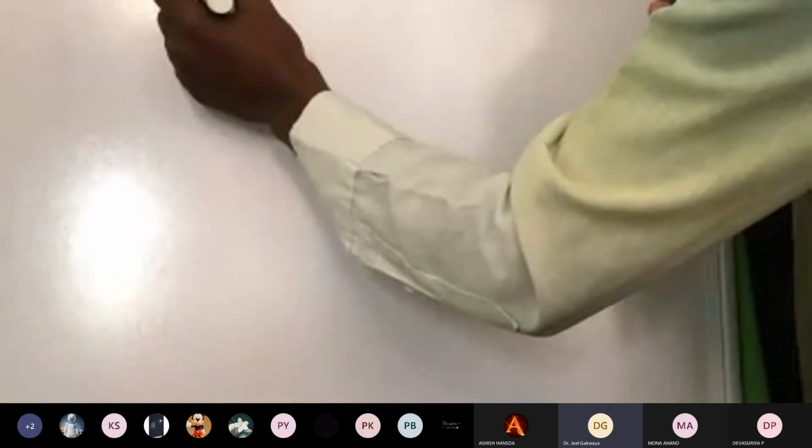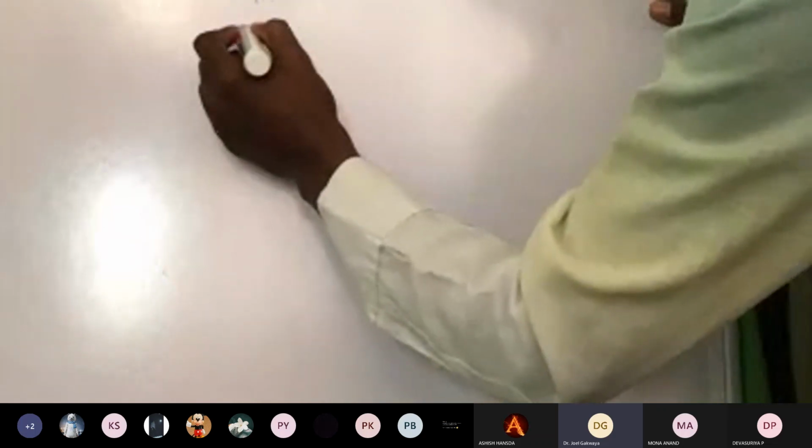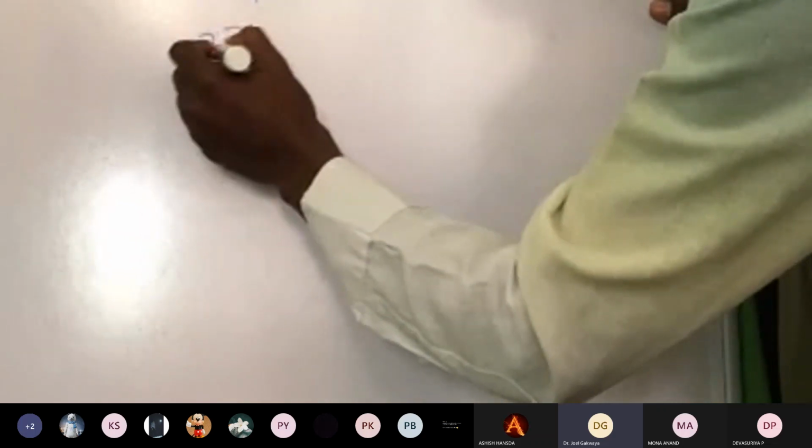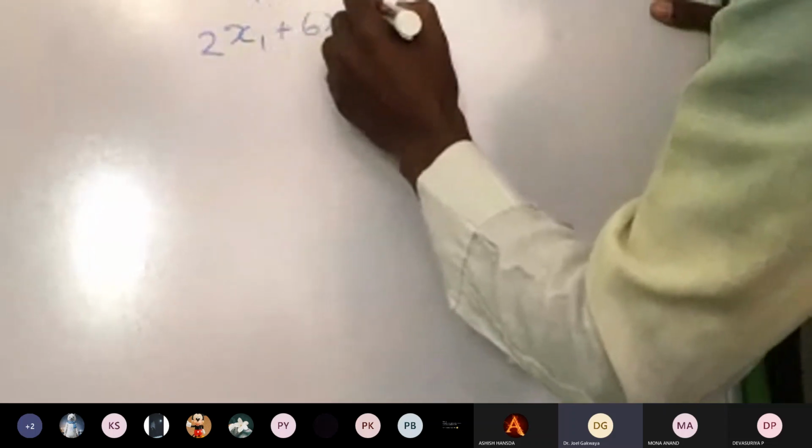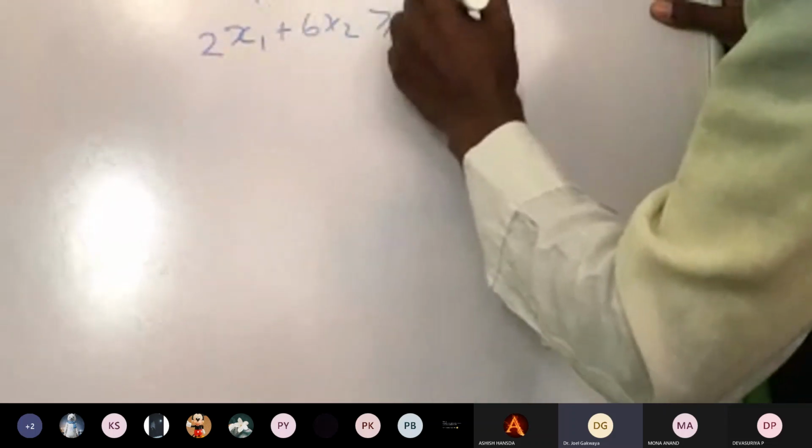And here we have minus x1 plus x2 is less than or equal to minus 7. And here we have 2x1 plus 6x2, greater than 12.